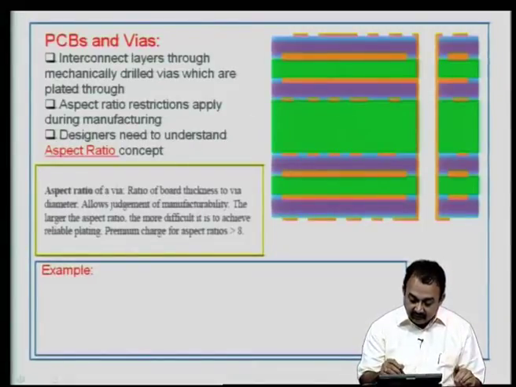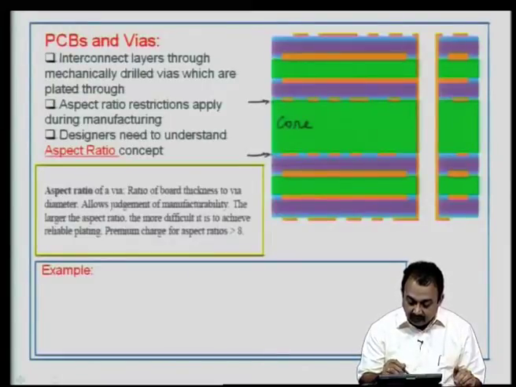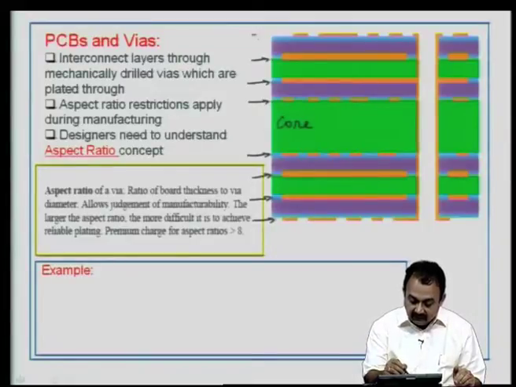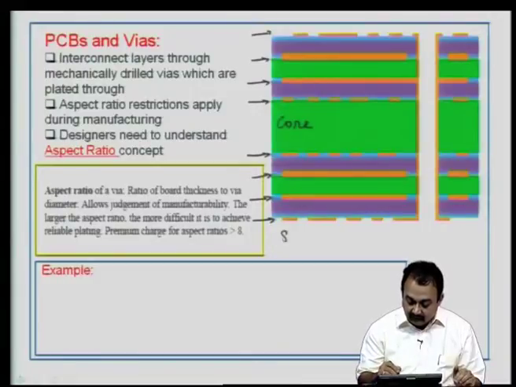You can see this is the core structure. You can see copper 1 and copper 2 here. Then you can see copper 2, copper 3, copper 4, copper 5. Then you have copper 6, 7, 8. Typically this is an 8 layer structure.